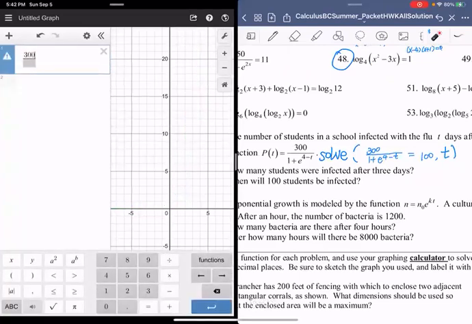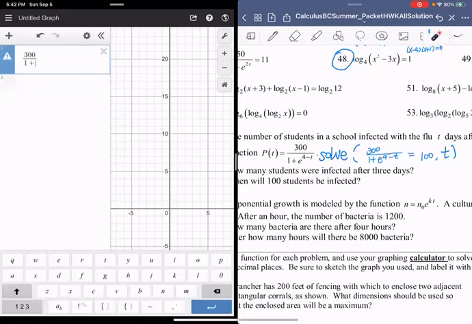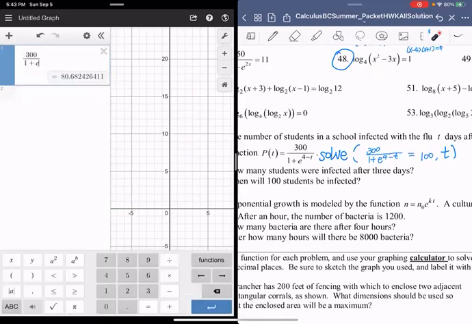You do 300 over 1 plus e to the power of 4 minus, you cannot put t because they don't recognize t, they only recognize x and y, so you do x, okay? 4 minus x.